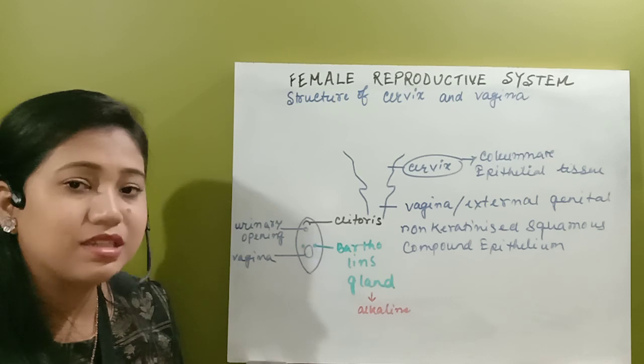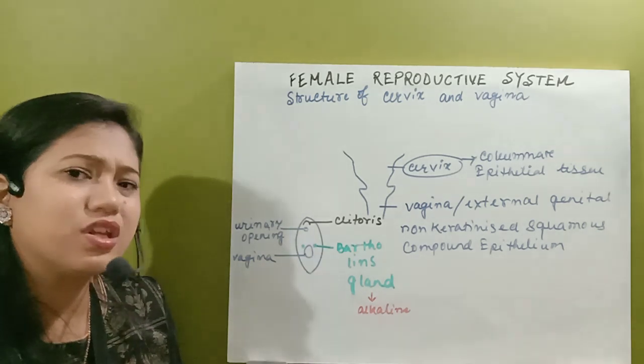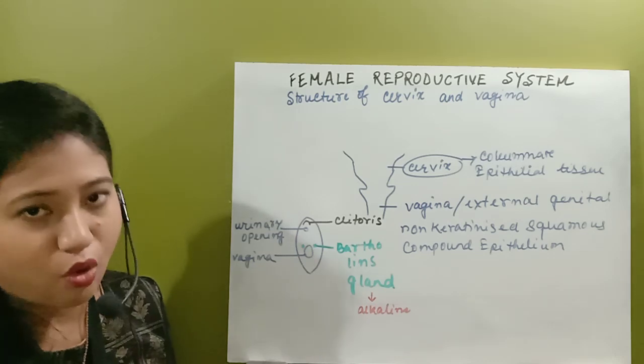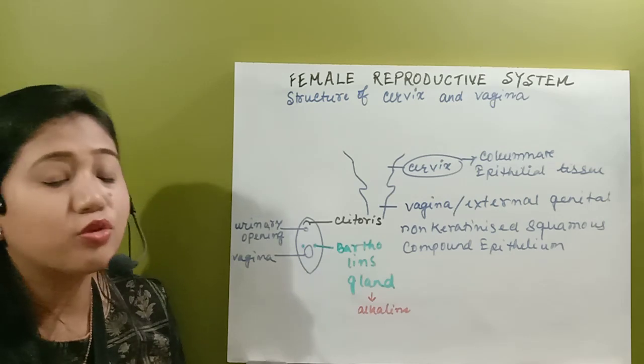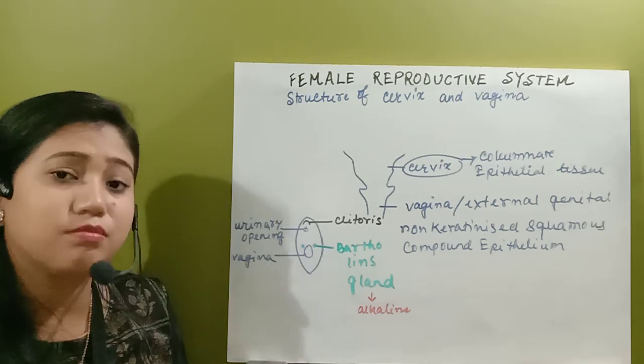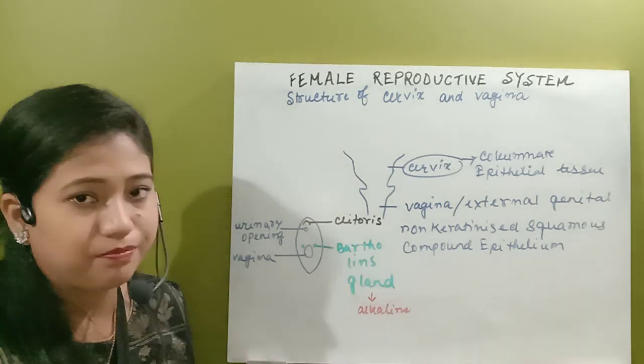Homologous organ means it has the same origin, and as a rudimentary organ, it is present in the female reproductive system. So as a homologous organ to the male penis, the clitoris is present in the female reproductive system.